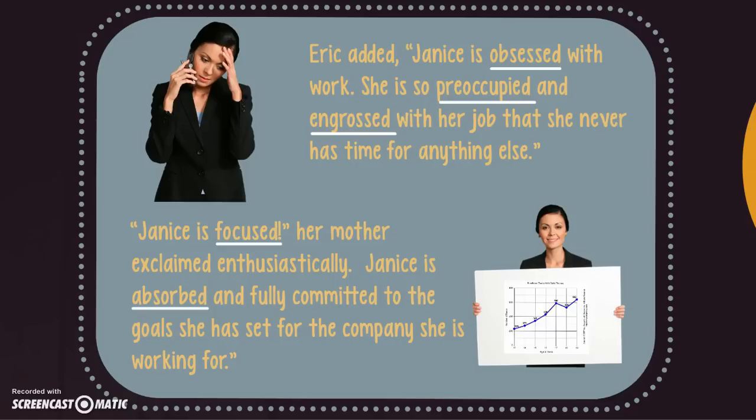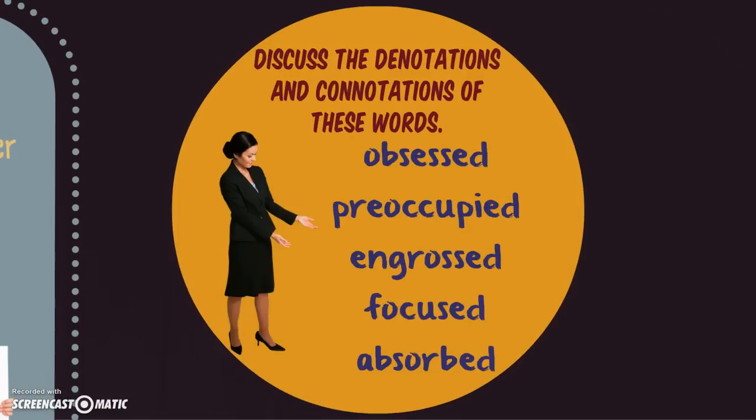So obsessed, preoccupied, engrossed, focused, absorbed. They have the same denotation, but the connotation is different. So being obsessed and preoccupied and engrossed is totally negative. But focused, that's positive, and I know you know the word focused. And being absorbed, it can be neutral. Okay? Sometimes it's good to be absorbed, sometimes it's not as good, but it's not a negative word.